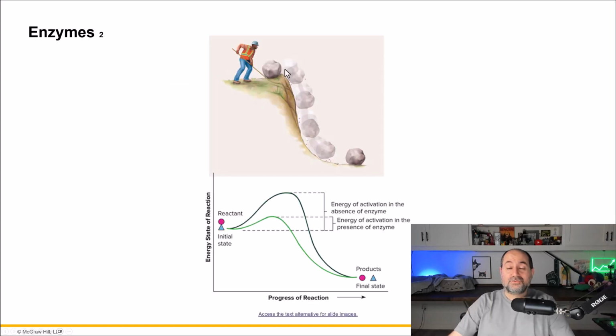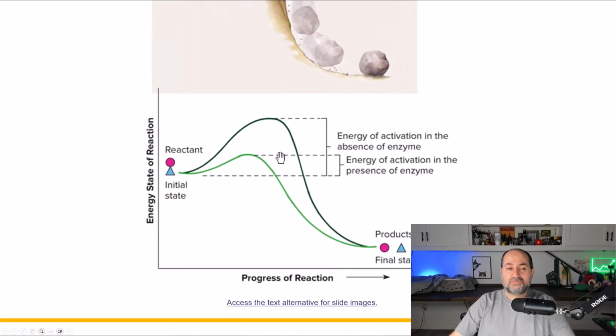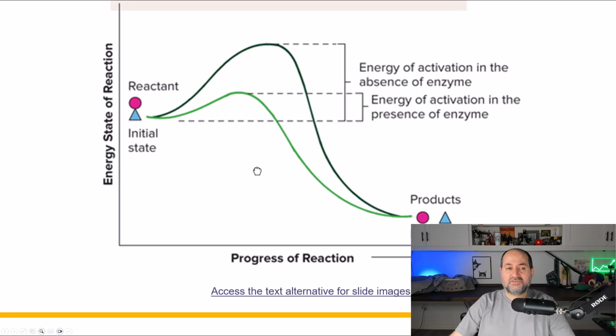So again, enzymes, here's how they work. If we have the reactants on the left on this graph and the products on the right, then we have the energy state of the reaction on the y-axis and the progress of the reaction on the x-axis.